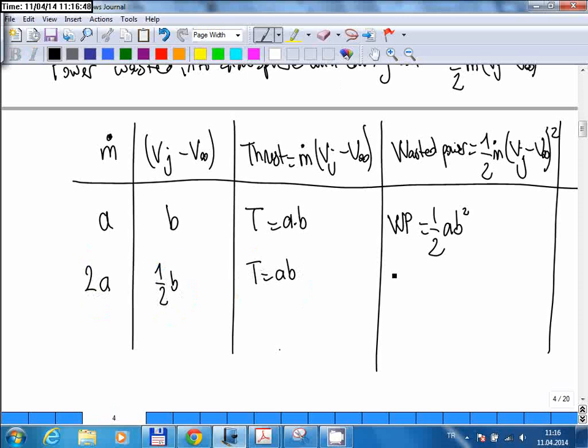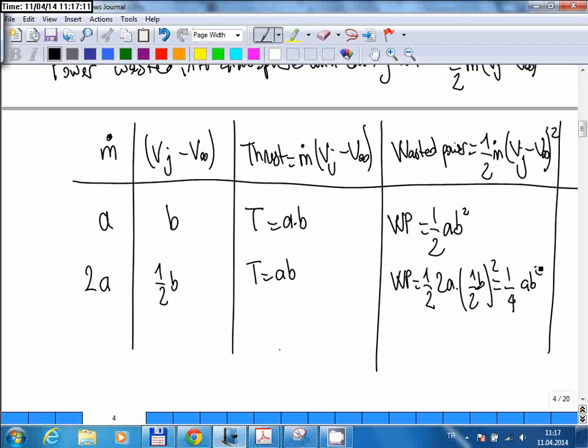But if you look at the waste power, it will be 1 over 2 times 2A times B over 2 squared, which is 1 over 4 times AB squared, right?